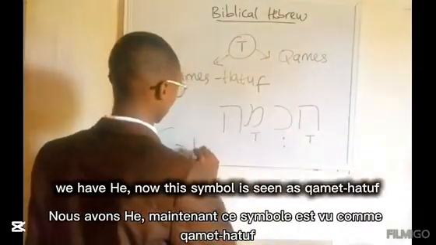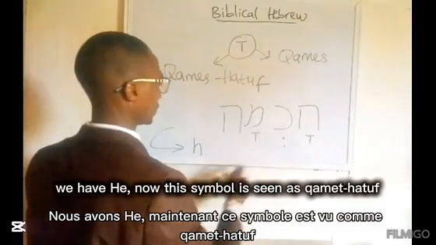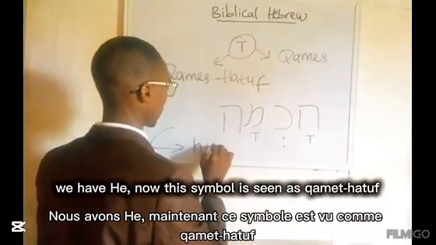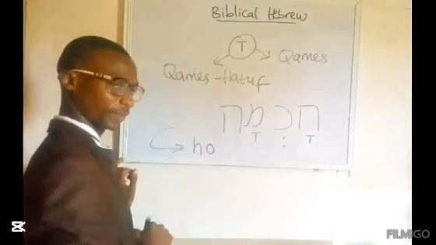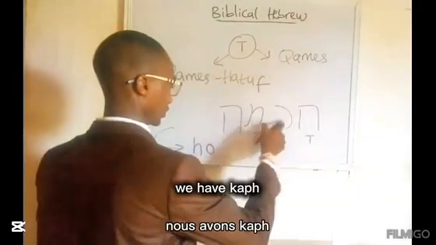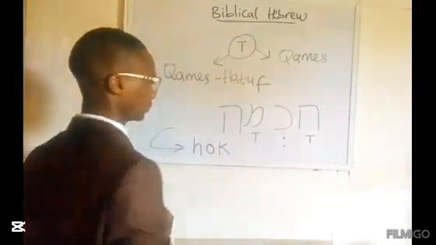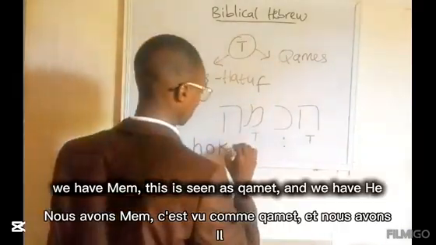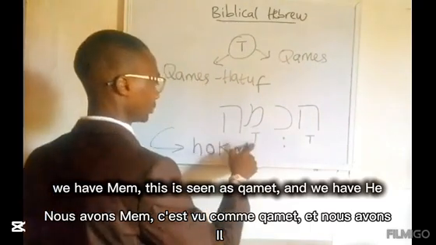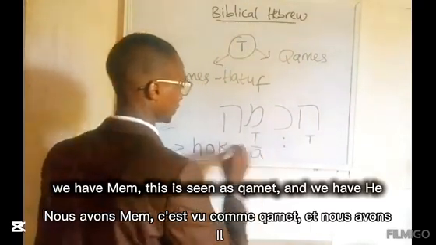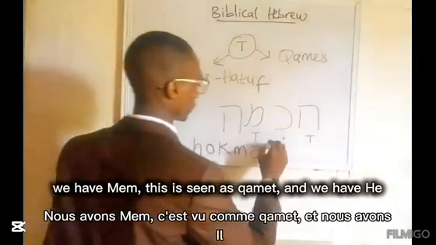We have Het. Now, this symbol is seen as Qamet-hatuf. We have Kaf. We have Mem. Now, this is seen as Qamet. And we have He.